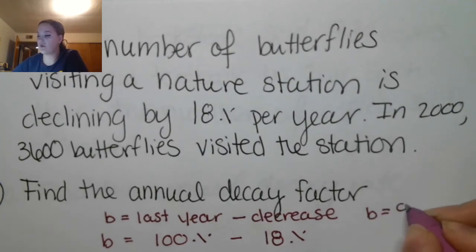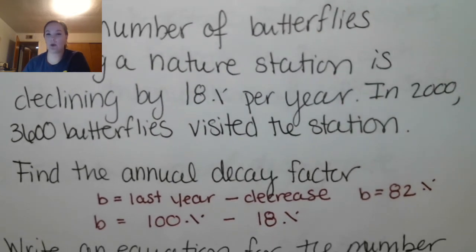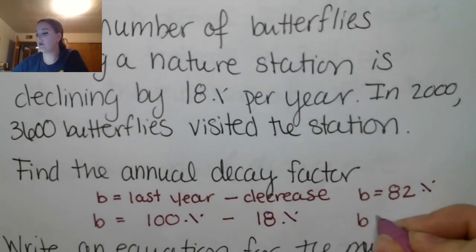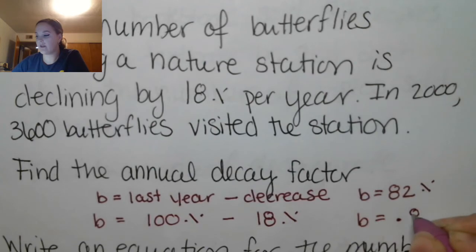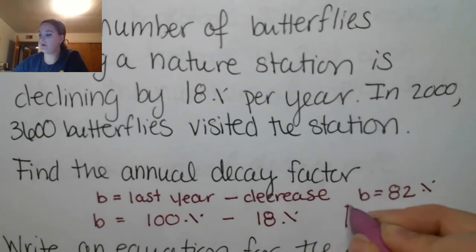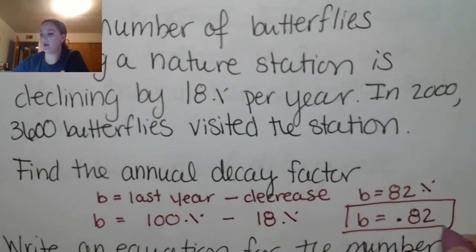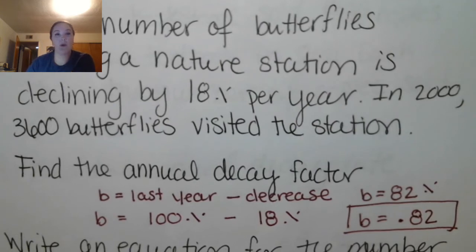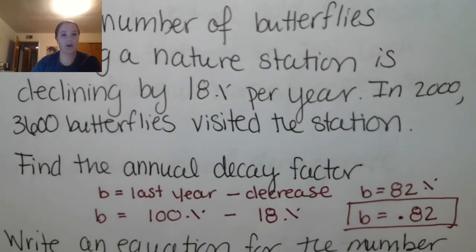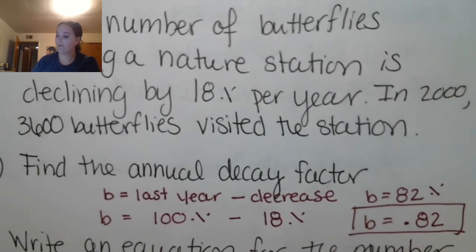Well, 82%. And again, we're going to write that as a decimal, being 0.82. Now you can see this matches up with what we saw way earlier on, where we said if b is less than 1, it's going to be exponential decay. You can see that the decay factor is less than 1.